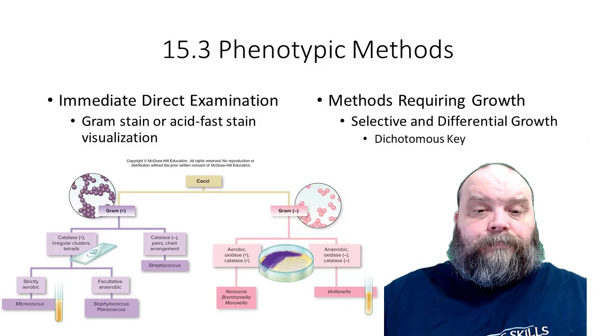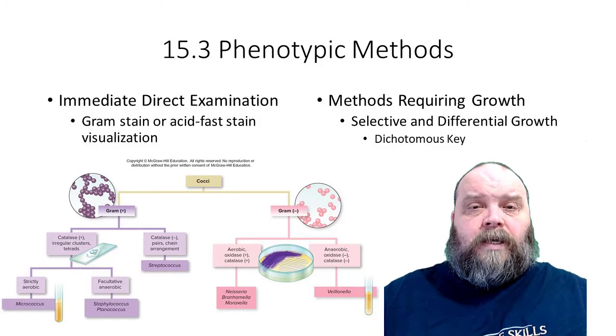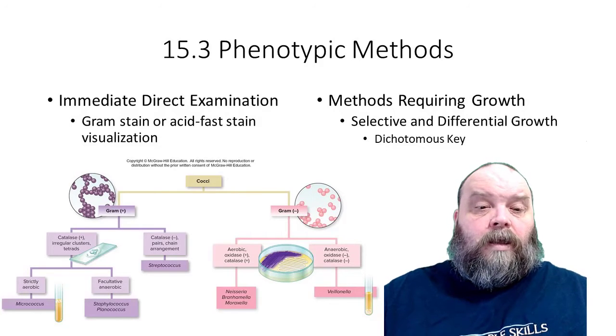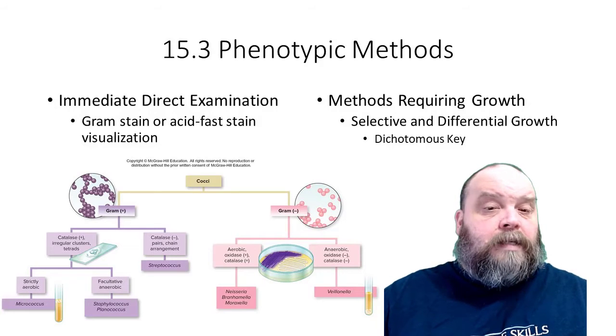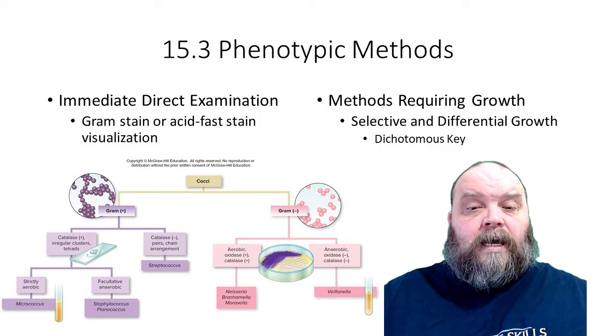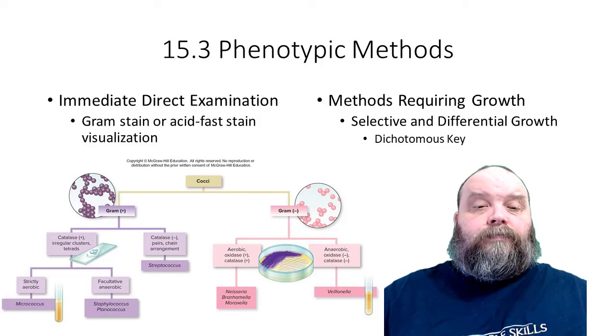You look, cocci or bacilli. Okay, you're looking at a gram stain, it's cocci. Gram positive, or is it gram negative? If it's gram positive, catalase negative. If it's catalase negative and it's a gram positive cocci, pretty much it's going to be some form of a streptococcus.